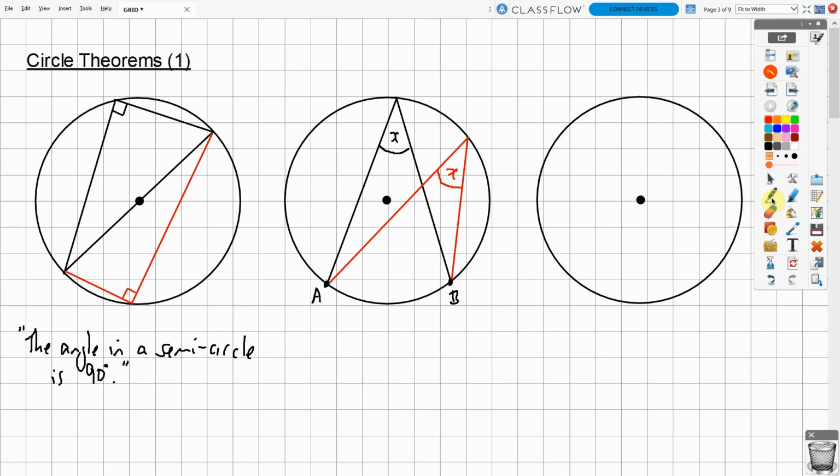And so what we have here is that angles subtended by the same arc are equal.